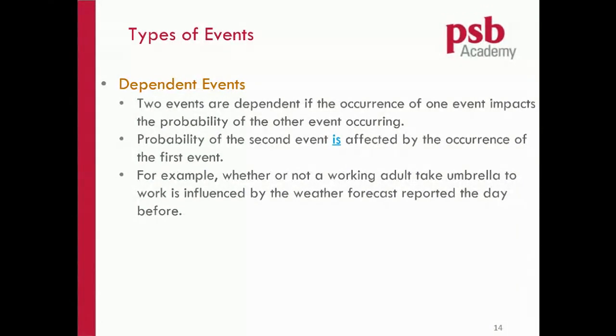So whether or not a working adult takes an umbrella to work is influenced by the forecast reported the day before. Not only the working adult. For example, yourself, if you don't really like to bring an umbrella with you, and you always rely on the news the day before to tell you whether today there will be rain or no rain.